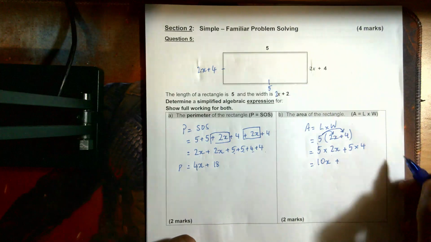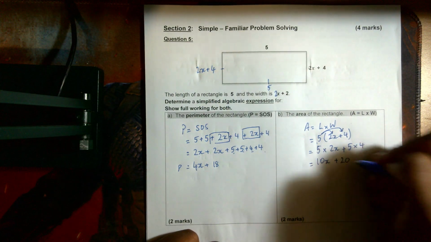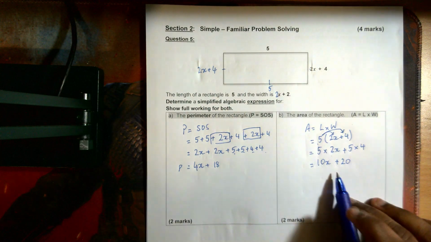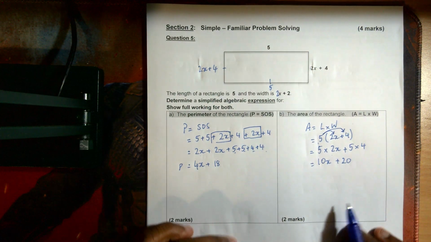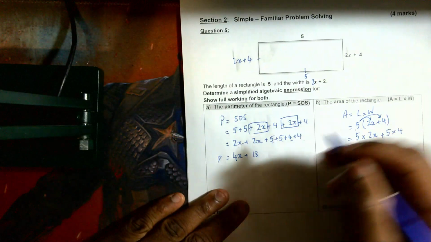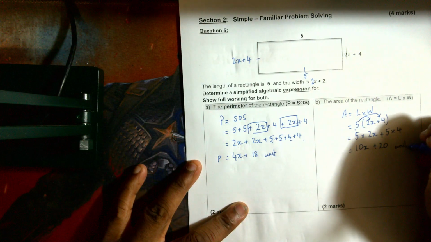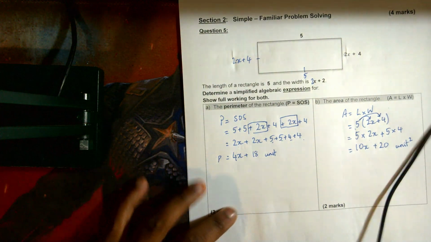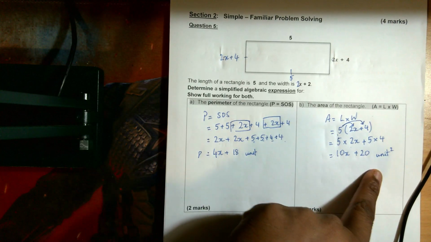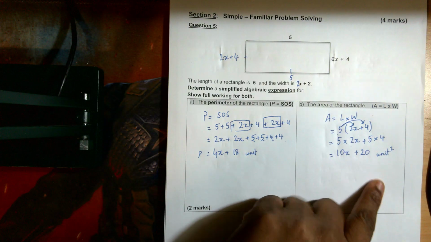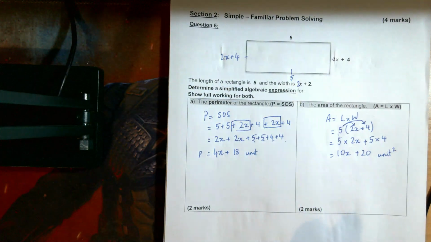Plus 5 times 4, that's 20. So the area is 10x plus 20. If you want to be a perfectionist, perimeter would be units, and area would be units squared, because we need square units for area.